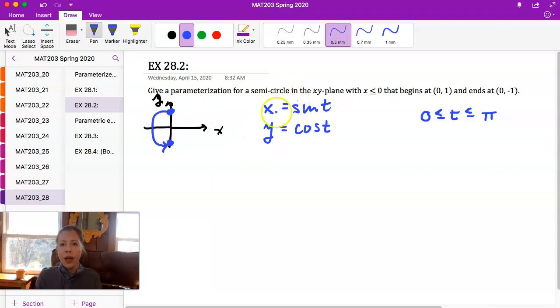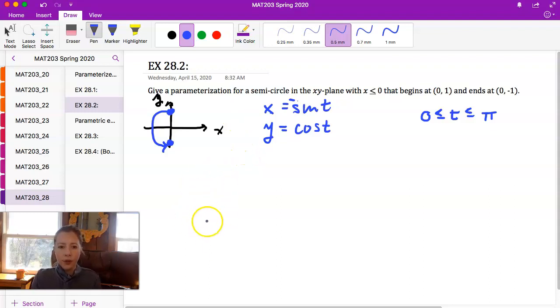If we do x is sine pi over 2, oh wait, that gives us 1, so that would put us over here. So we're going to have to stick on a minus sign. So x is minus sine t gives us the -1 for our x, and at pi over 2, cosine pi over 2 is 0. So that works. And finally, if we plug in pi, minus sine of pi will give us 0, and cosine of pi will give us our -1.